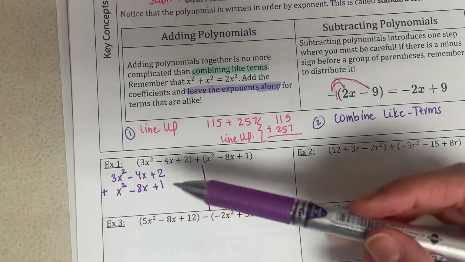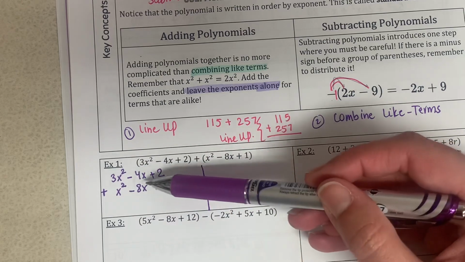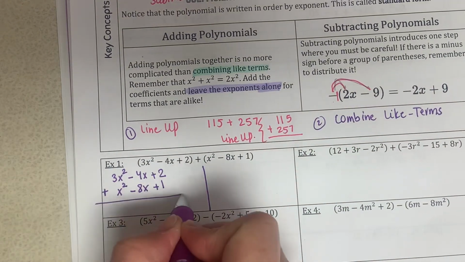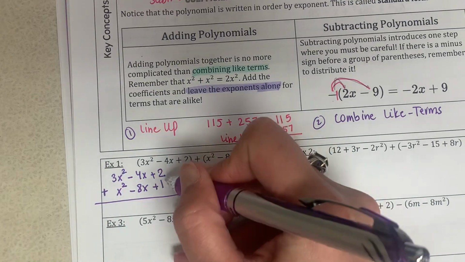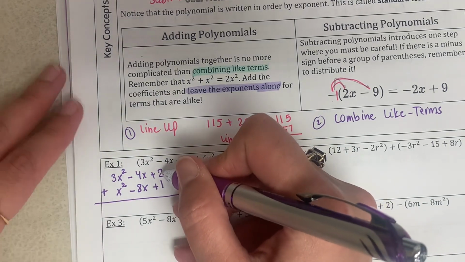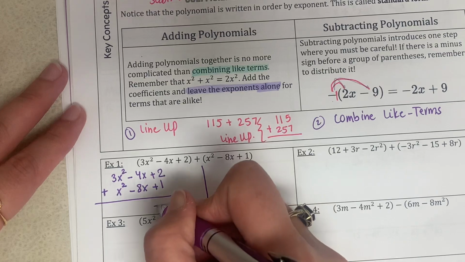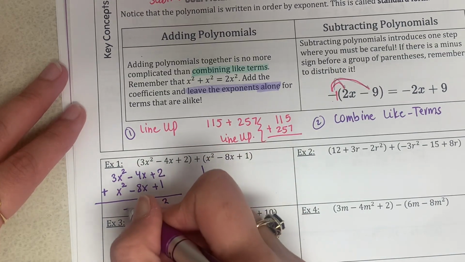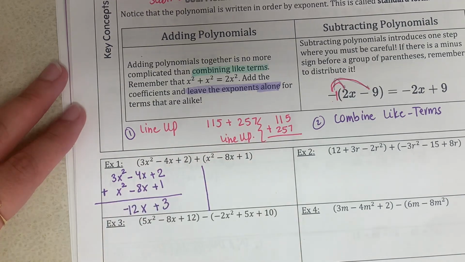So you see, line up, x squared goes under x squared, x goes under x, and number goes under number. Draw the line. Simple as that. This is plus, so I do not have to worry about anything. 2 plus 1 is positive 3. Negative 4x, negative 8x is negative 12x.